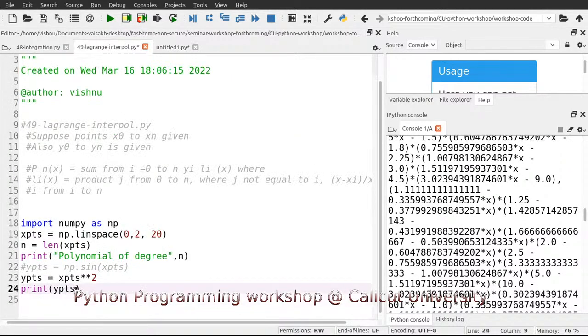So up to here only I'm printing. So printing Y points and print X points, just to analyze what exactly is happening. X points are, Y points are here.